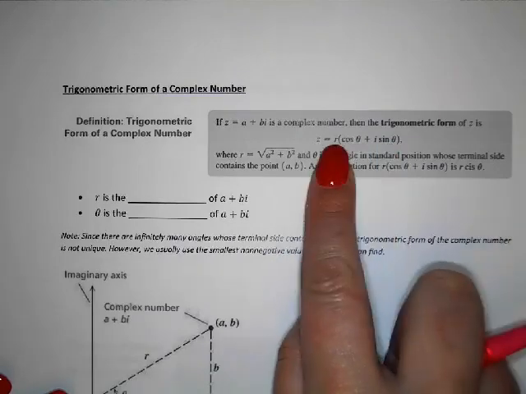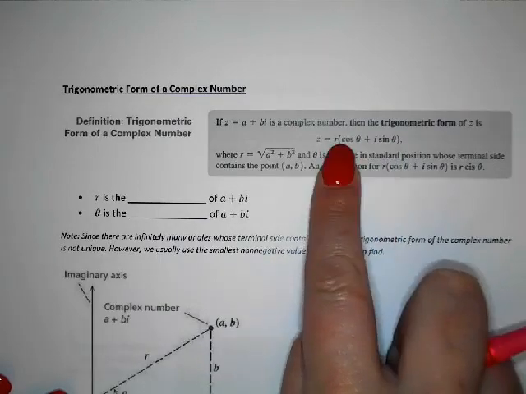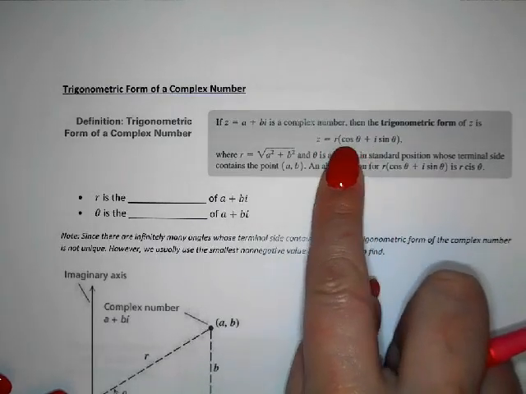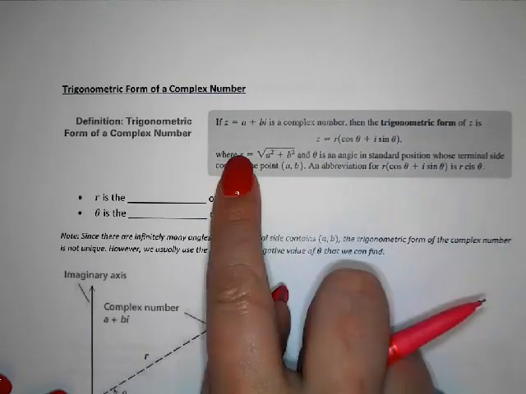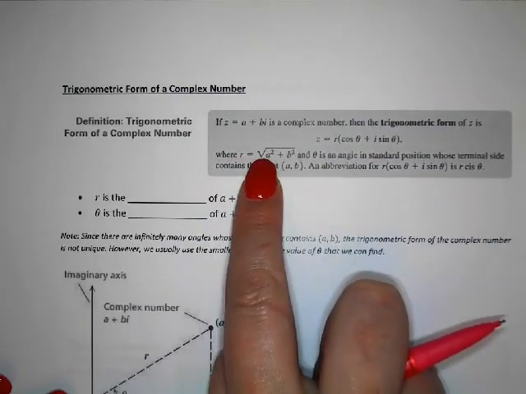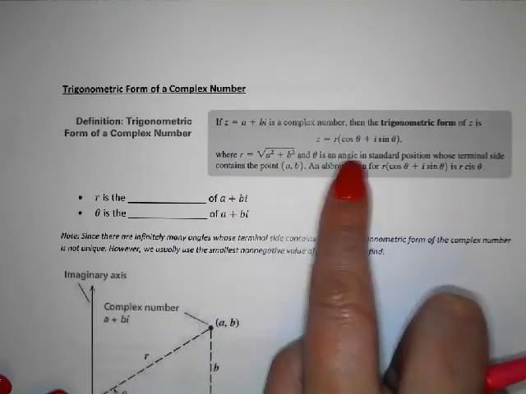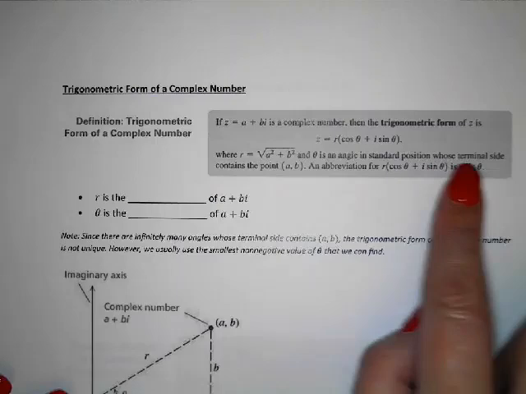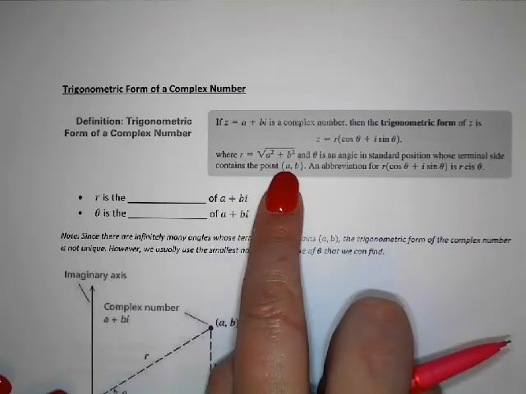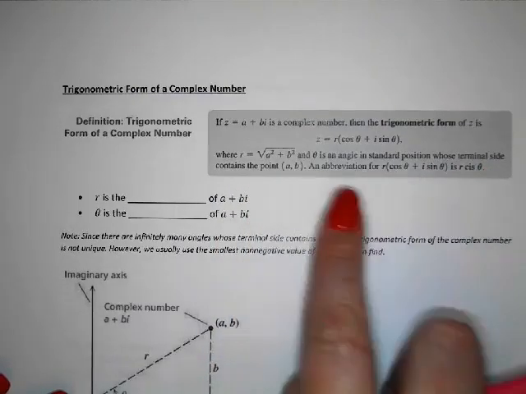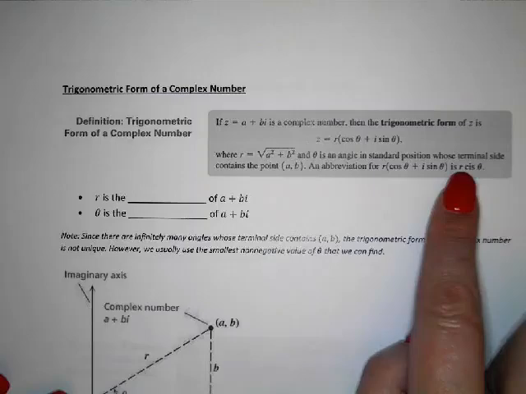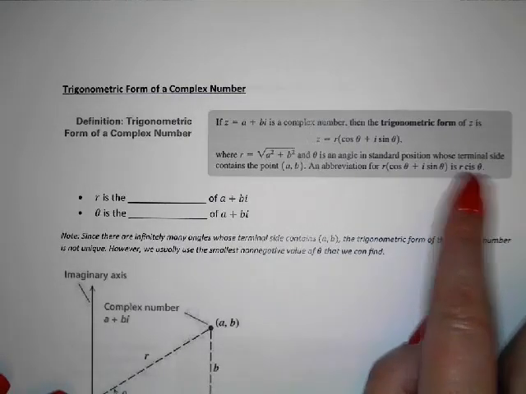You'll notice that's identical to one of the forms of a vector, where r is the absolute value of a complex number, and theta is the angle in standard position whose terminal side contains the point (a, b). An abbreviation for this is r cis theta. You don't have to use the abbreviation, but it could be good.